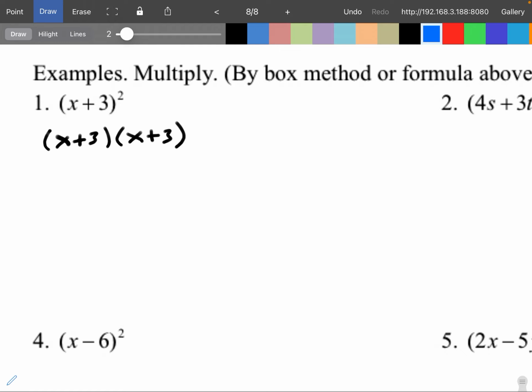All right, so same thing we were doing on Wednesday. We're going to distribute this x onto both of these terms in that second binomial. And then we're going to distribute the positive 3 onto both of those terms. All right, so in the blue here, what's x times x?